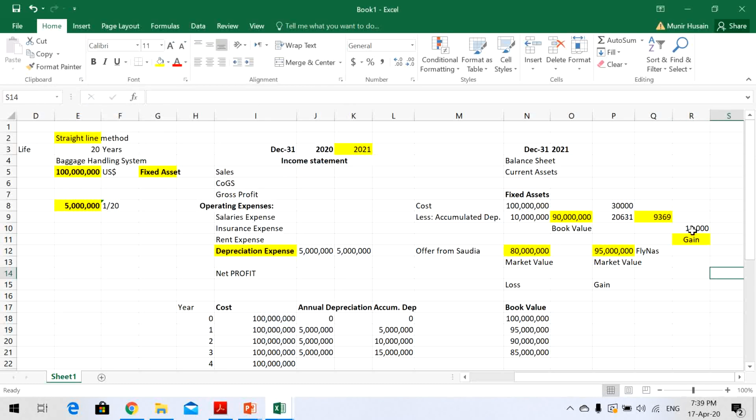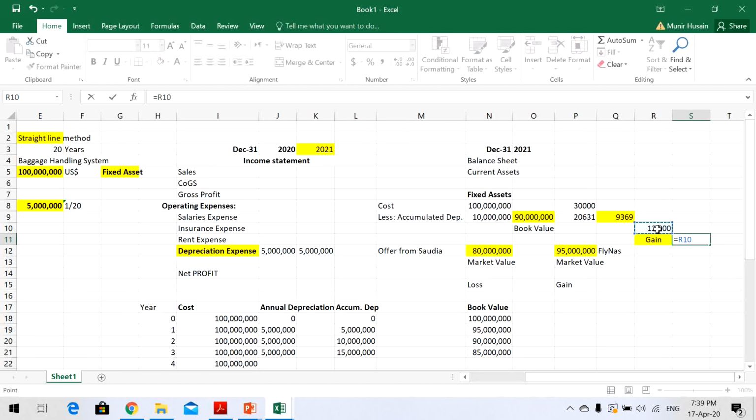So how much is the gain? Can you calculate? If you sell it, there is a gain of 2,631. This is the gain you have if you sell it for more than the book value.